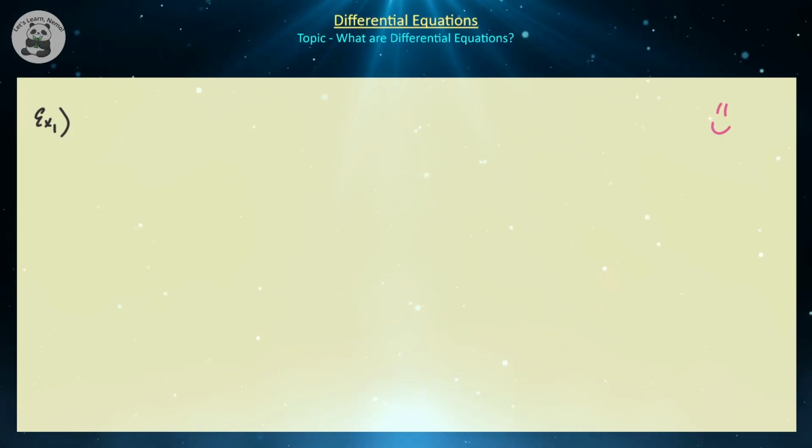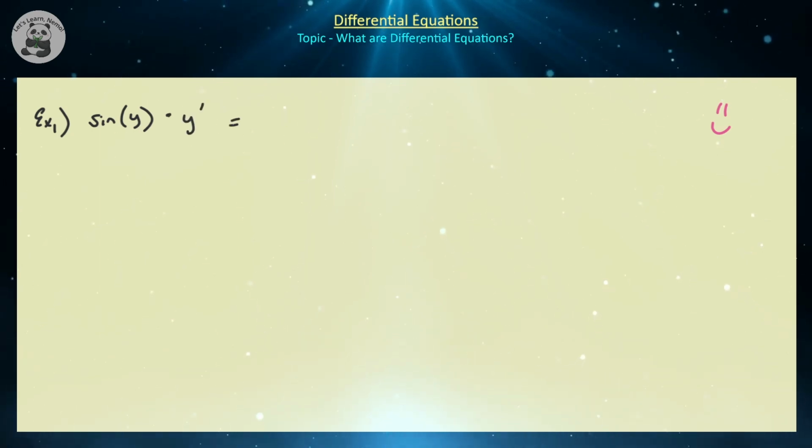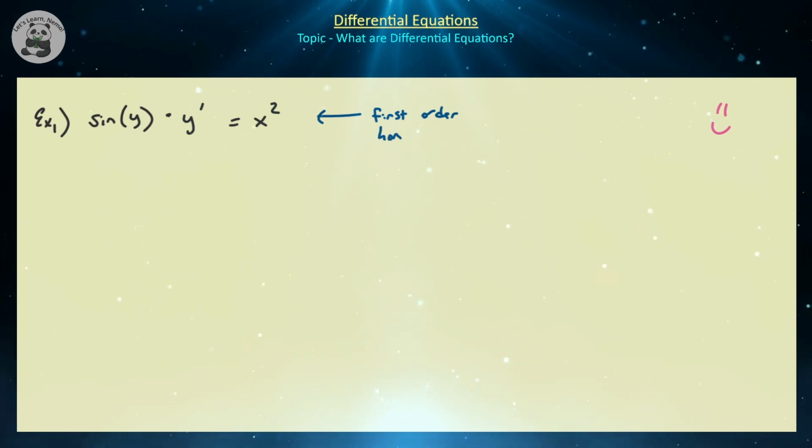The first differential equation that I want to solve with just these basic elementary methods is sin(y) times y prime is equal to x squared. Let's first classify what we're actually looking at here. This is obviously first order. Is it a homogeneous differential equation?